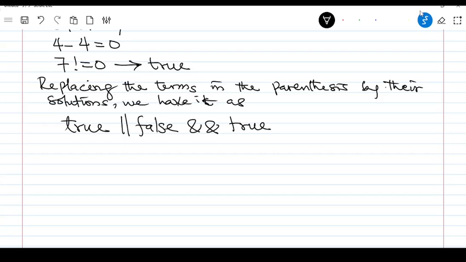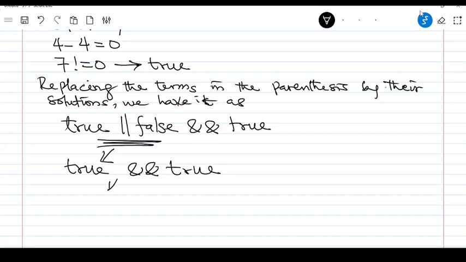So true or false, we are going to now go one after the other. So true or false first. So true or false is going to give us true. So true or false is true, and then we have the other one to be true, and then true and true is going to give us true.